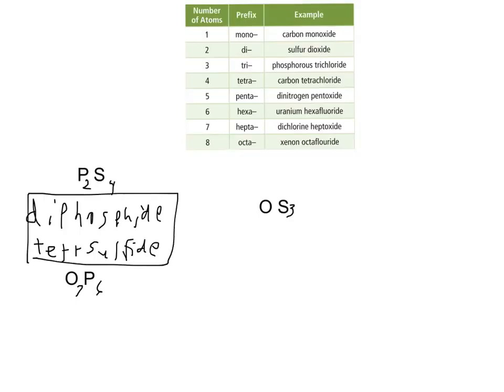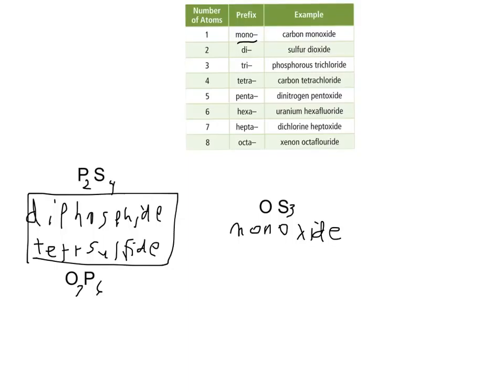Now moving on to oxygen and sulfur again. But it's not oxygen, it's going to be oxide. And since there's no number next to oxygen, it's going to be mono, so monoxide.